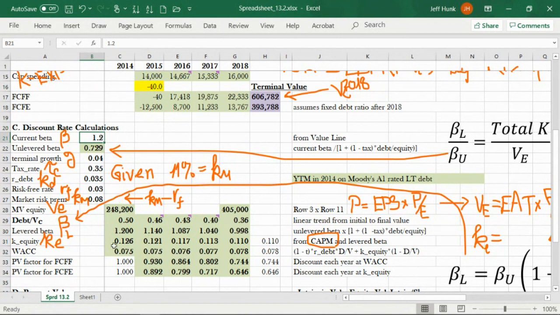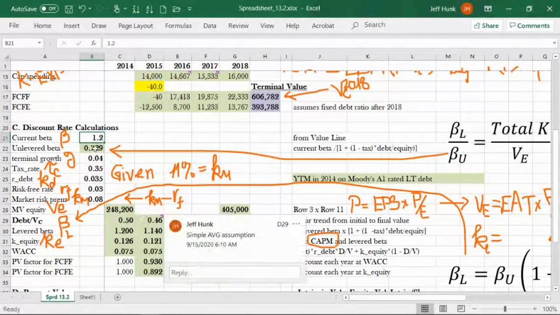So beta will have to reflect that weighted average cost of capital, and that's called levered beta. The other one is unlevered beta, if you're looking at only the beta based on the equity alone.